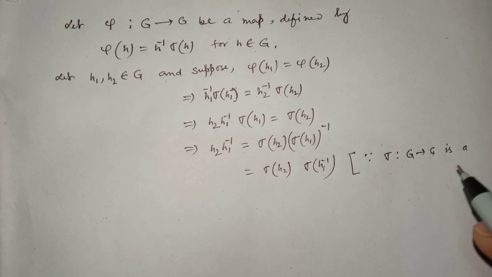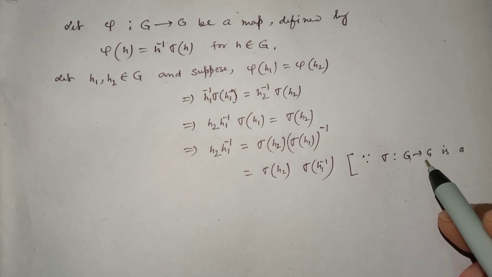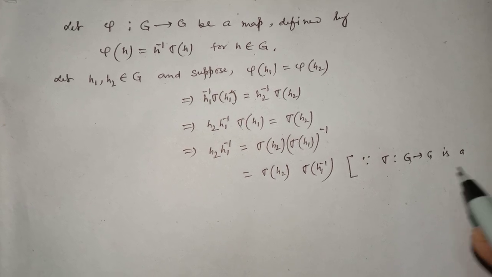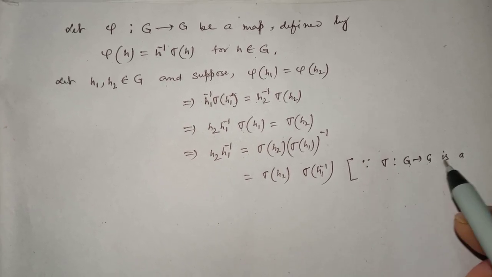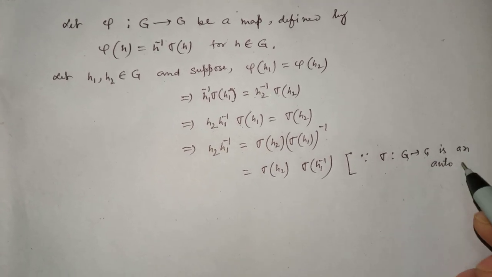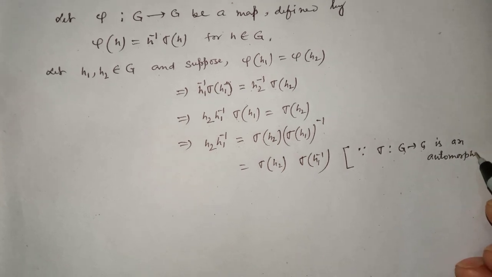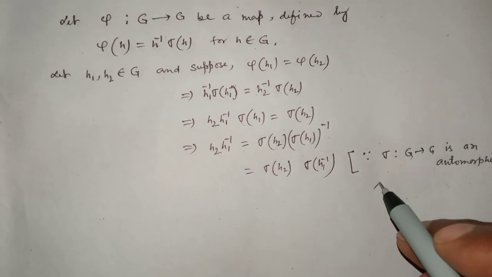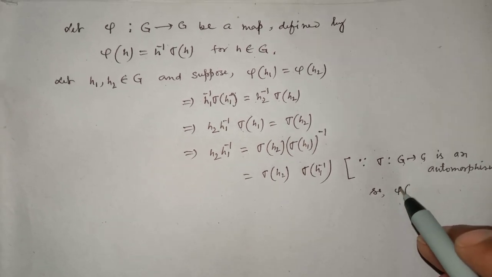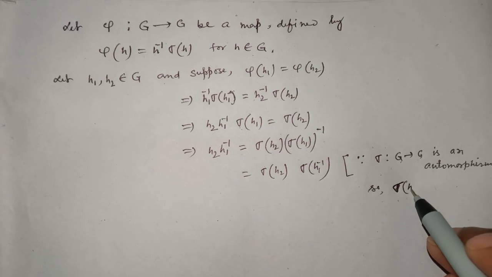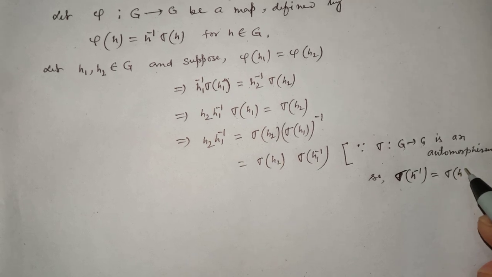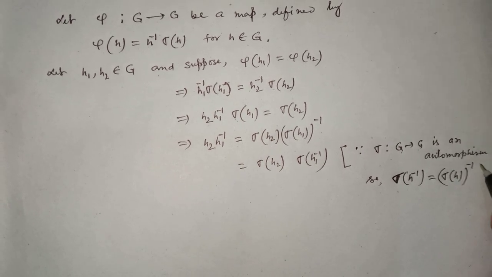Since this isomorphism is from G to itself, this isomorphism is called an automorphism. So sigma: G to G is an automorphism. So sigma of h inverse is equal to sigma(h) inverse.